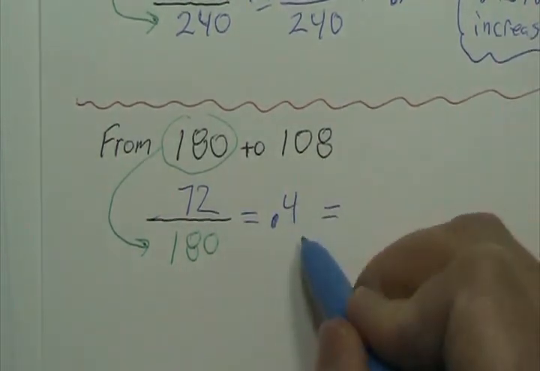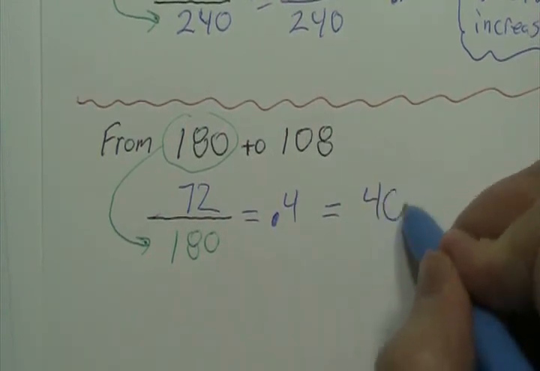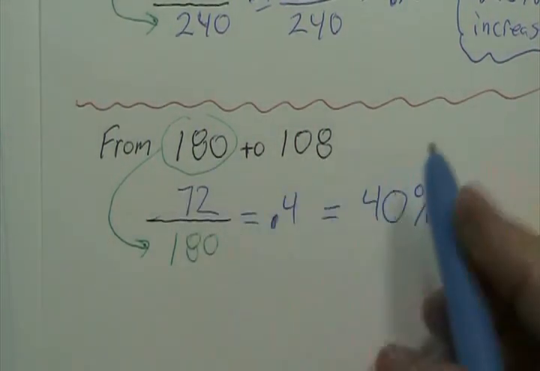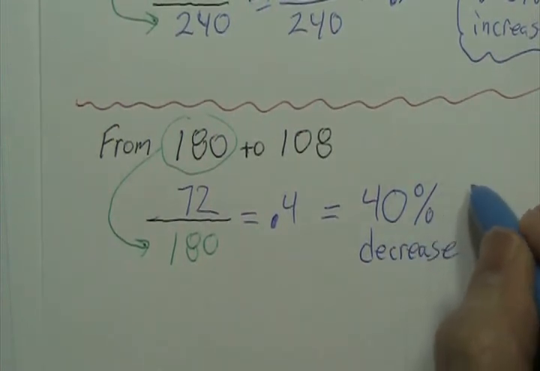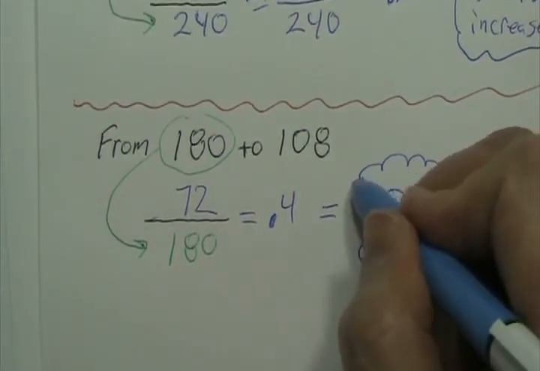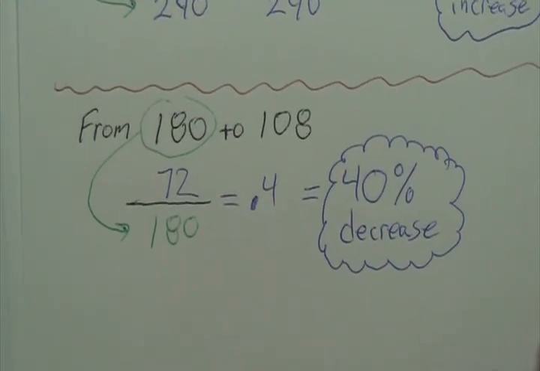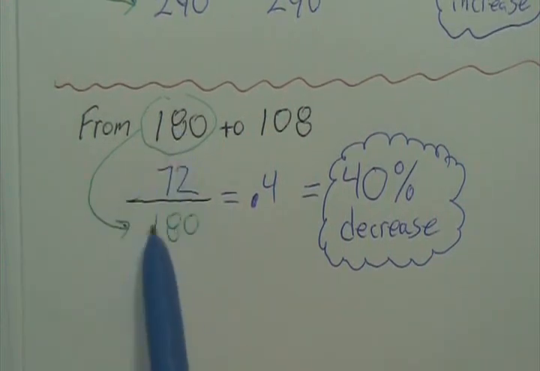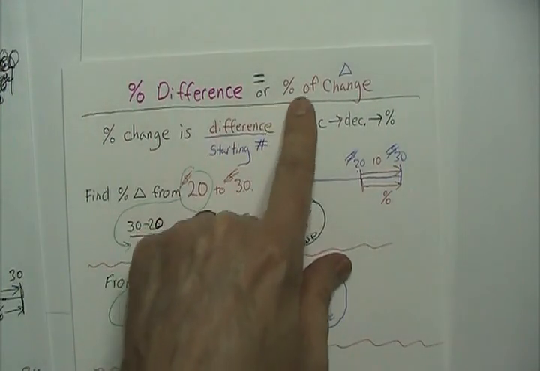All right, and so what percent is 0.4? I move the decimal 2 spaces. That's 40%. And it went down, right? So it's a decrease. So this was a 40% decrease. Subtract goes on top. The original number, the starting number, goes to the bottom. So this is percent difference, or you could call it percent of change.